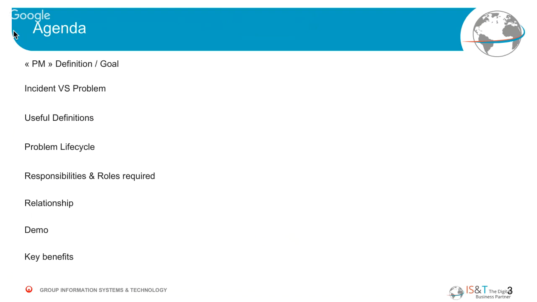And just after that, we will try to explain the problem life cycle, and we will also discuss the problem states. At the end of the presentation, we will talk about responsibilities and roles required for this model, without forgetting, of course, to discuss the relationship between problem, incident, change, and knowledge base. And finally, we arrive at our demo and the key benefits.